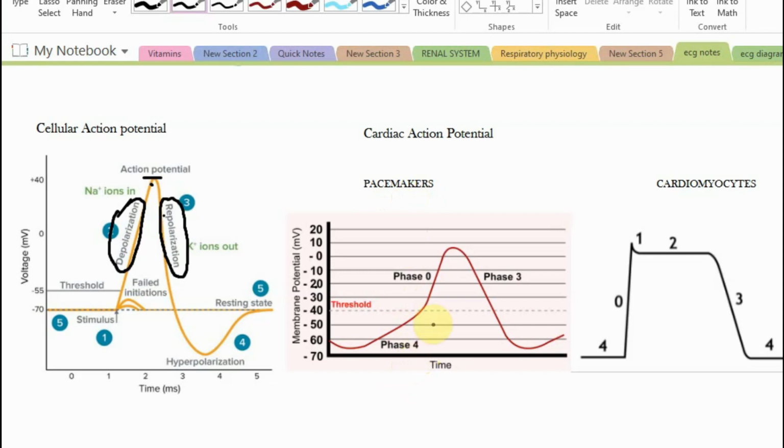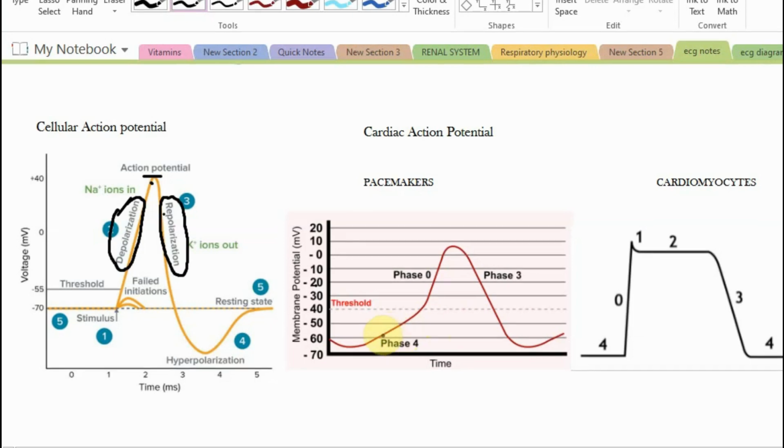You can see pacemaker cells lack phase 1 and phase 2, whereas cardiomyocytes have all four phases. Now, the voltage changes, or the dynamics of the voltages with respect to time, are a function of the working of the channels of the membrane.